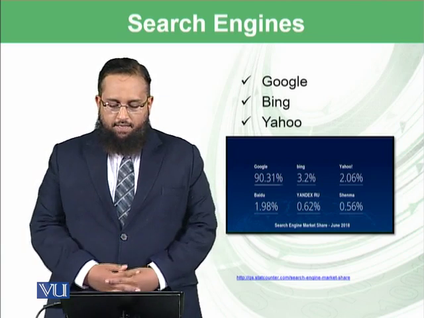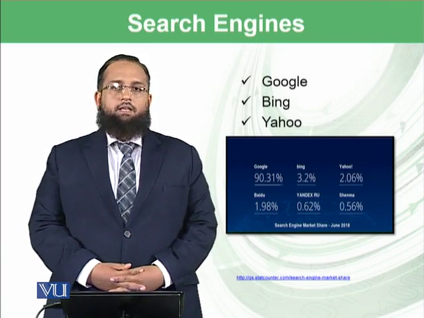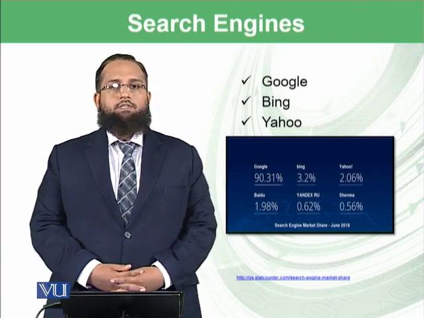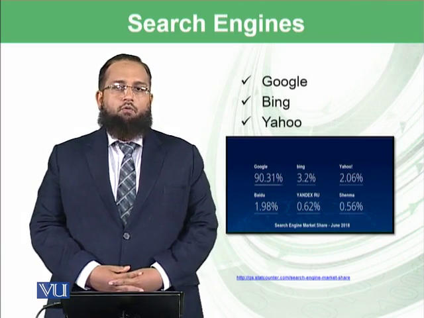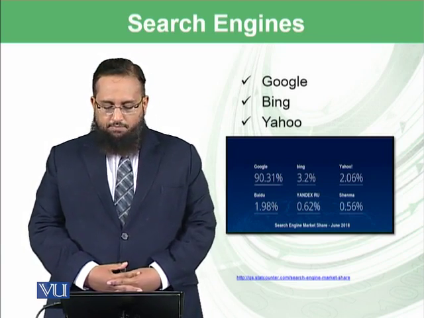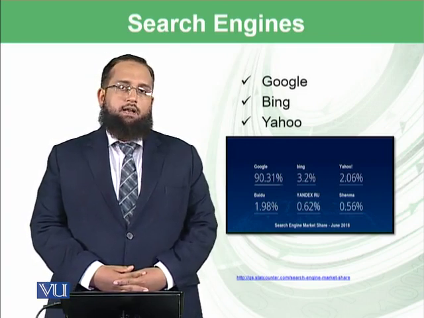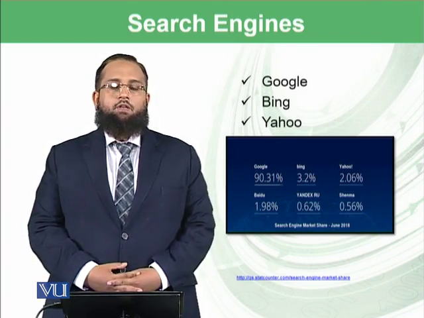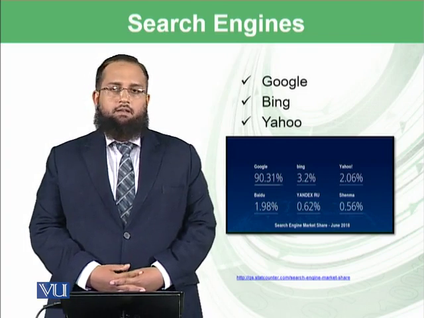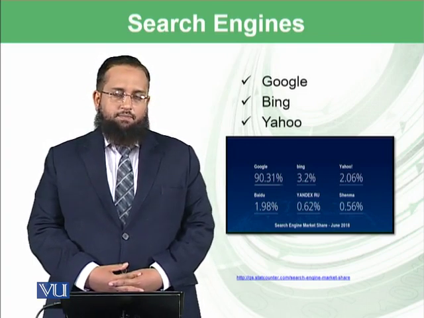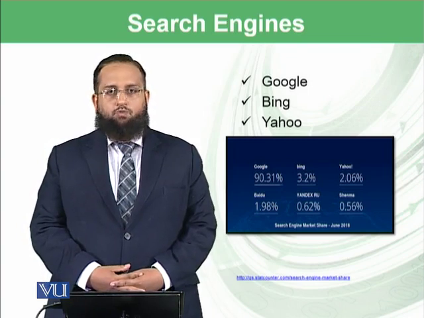So in the world there are many different search engines available. For example, Google, Bing, Yahoo. You can search content on the internet using any of these search engines, and there are some other search engines as well, but these three are most widely used.